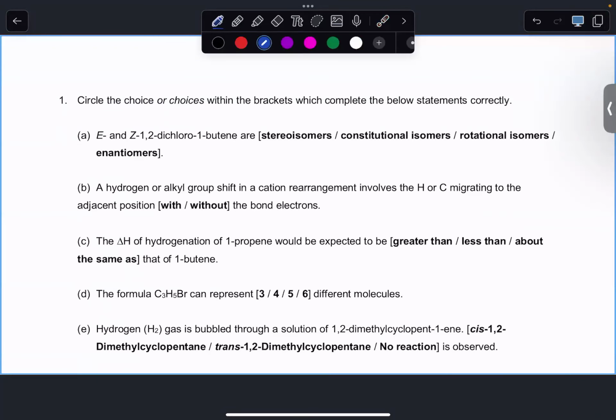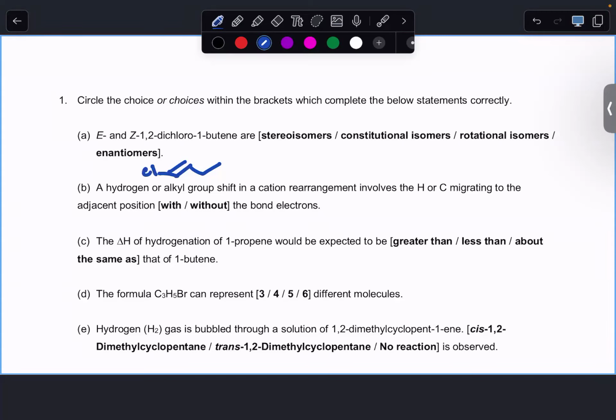So are you guys comfortable with converting the IUPAC nomenclature name into the structure, like the bond line structure? Where this E and Z 1,2-dichlorobutene will look something like this. Our longest chain is 4 carbons long because of the but-, and we have an alkene at carbons 1 and 2.